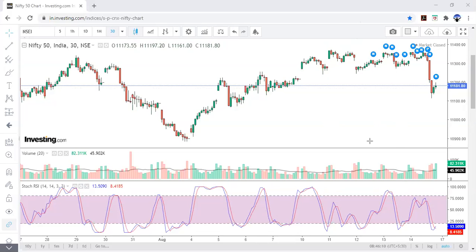Same as the moving averages, the two lines are the fast stochastic and the slow stochastic. And we use it with RSI because this is a momentum indicator.